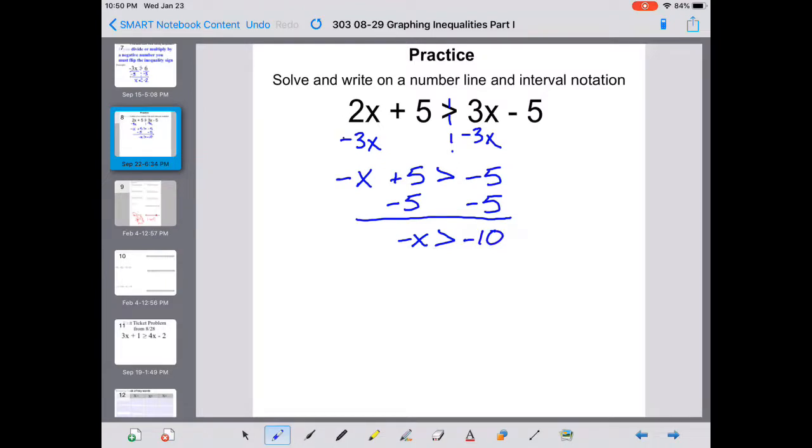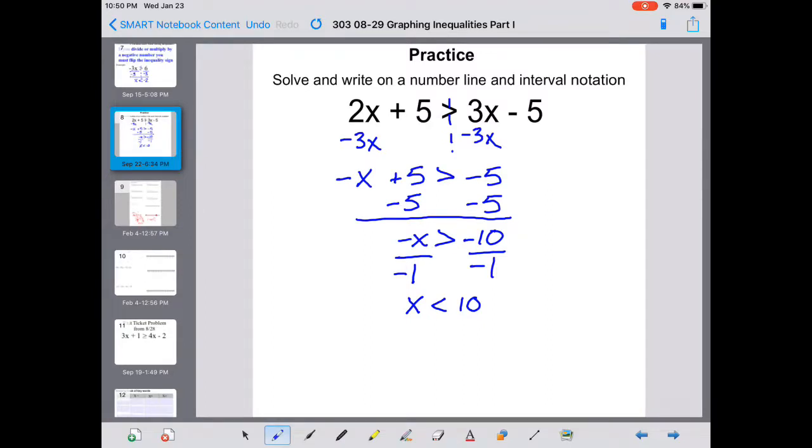We need to get rid of that negative symbol, so we're going to divide each side by negative 1. We're dividing by a negative number, so that means we have to flip our inequality symbol. So we're going to have positive 1x is less than 10.